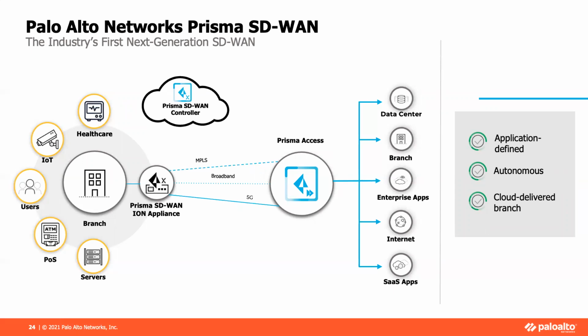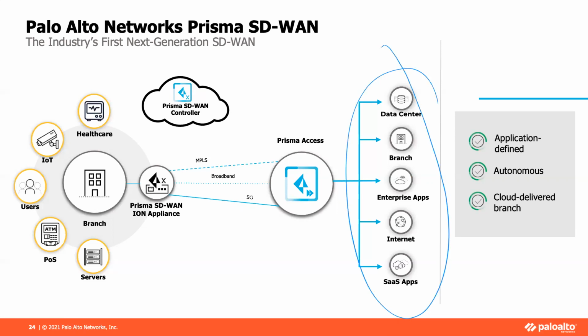Point of sale devices for people that are swiping credit cards, all those sort of things. And give these branch users access to everything they need, whether it's the internet or their SaaS applications, you know, like Salesforce and all that sort of stuff.